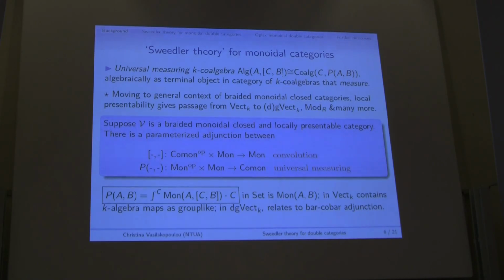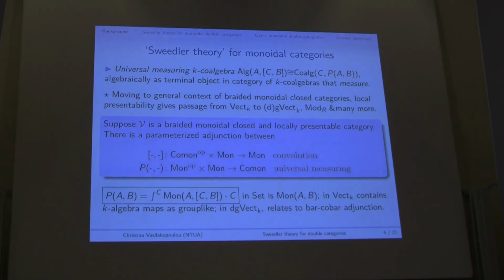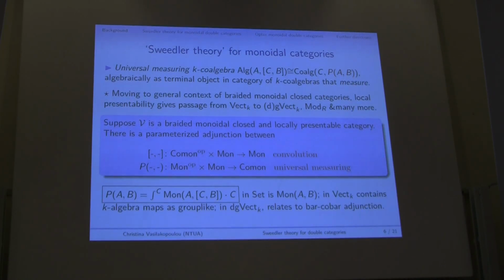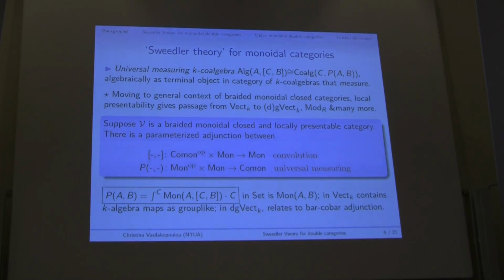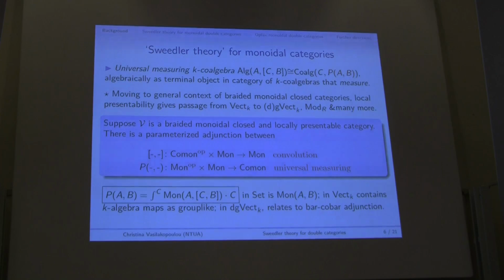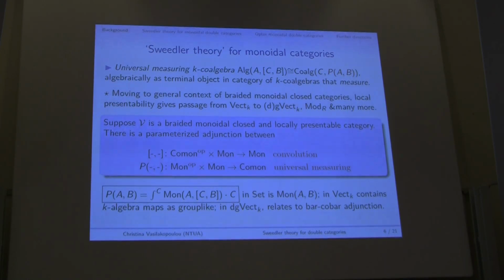All right. Just to make sure I'm following, in the setting of K vector spaces, if we take V to be K, do we recover the Sweedler dual? Exactly. This is all a generalization of the Sweedler dual functor. Is there any way to understand how this formula has anything to do with the description you gave on the other? Algebraically, you mean? Yeah. Well, if we go down to vector spaces, this formula has an algebraic description of a sum of coalgebras over the cofree coalgebra or the hom of something.